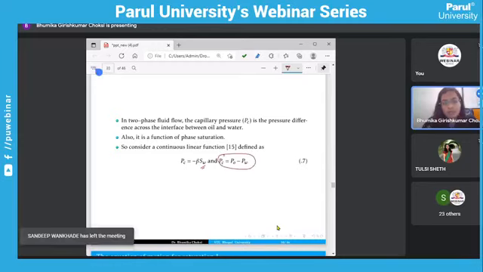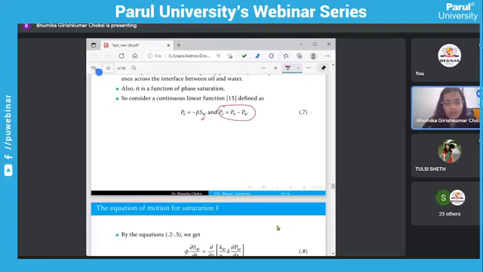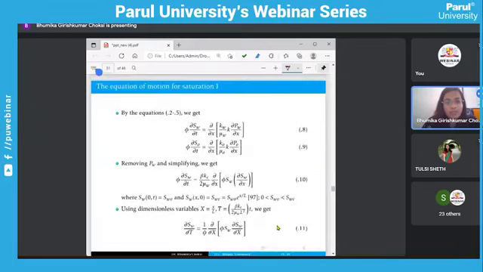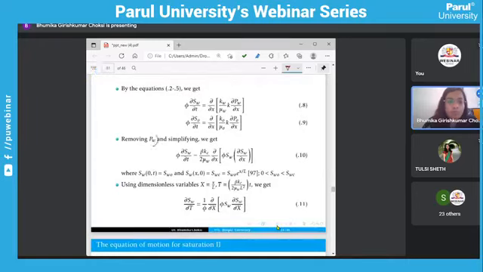This is, we know, the difference between oil pressure and water pressure, given by equation 7. And if I simplify this, if I remove the water pressure from all these equations, I will get equation 10.